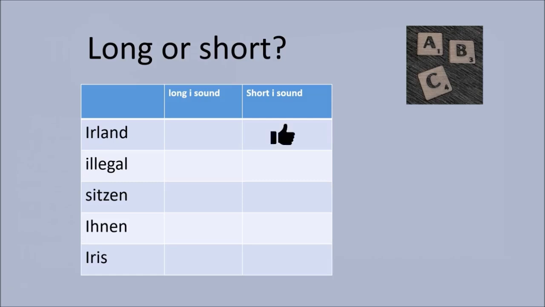Irland, illegal, sitzen, ihnen, ihres. Did you get those? Well done if you did. If you're not too sure, check again what the last two bits said about the I.